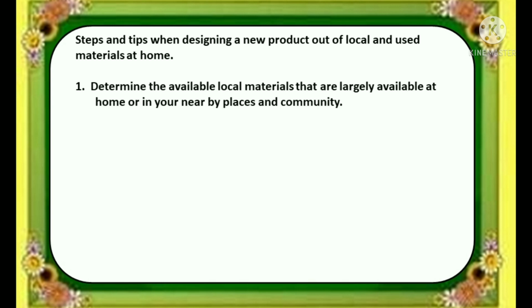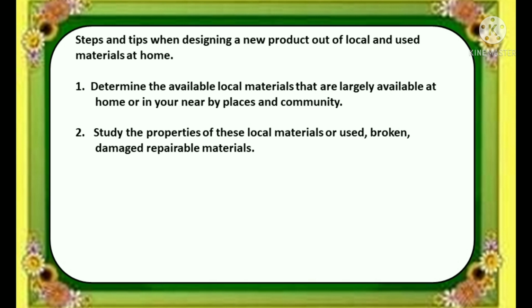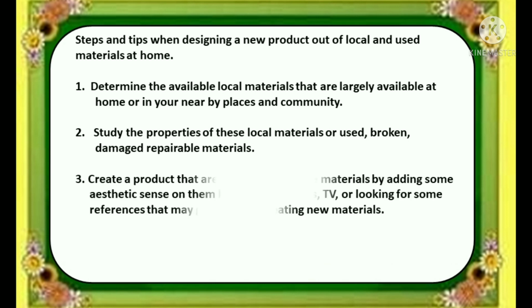In designing useful products, there are some steps and tips that you may follow to come up with rewarding results of your genuine effort and skills in making a new product out of local and used materials. Step 1. Determine the available local materials that are largely available at home or in your nearby places and community. Second, study the properties of these local materials or used, broken, damaged, repairable materials.